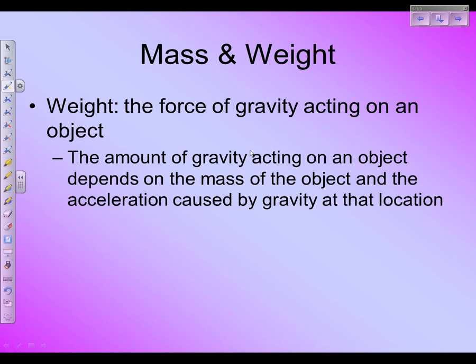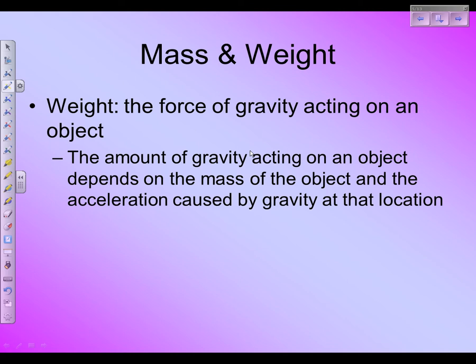The amount of gravity or the weight of an object can be determined by or affected by the mass of that object and the acceleration caused by gravity. I realize the space isn't quite big enough to fit all that there. Just use some space underneath it.